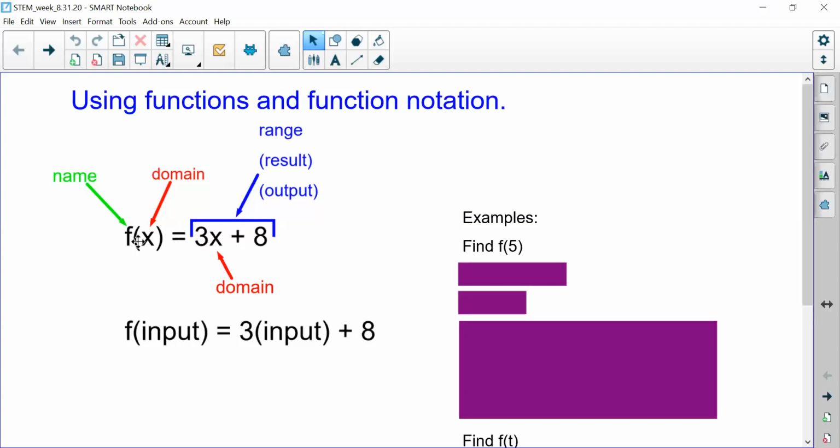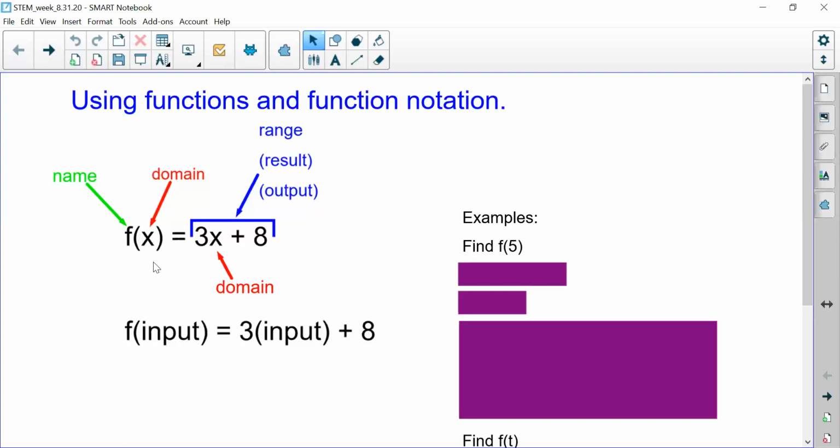Here's the notation. I always called f the name of the function. I believe that's true. F is the name of the function. And these parentheses do not mean multiply. They represent containment. F is going to receive x, the domain.